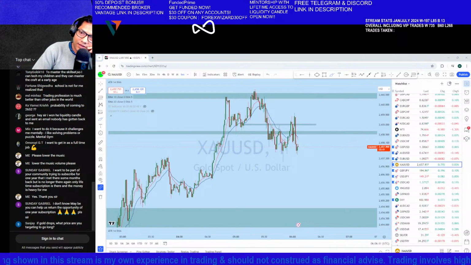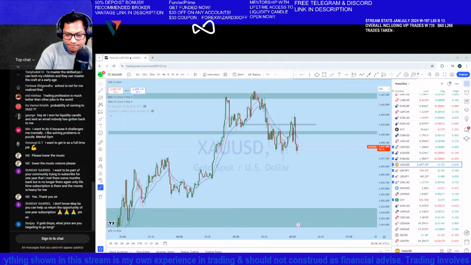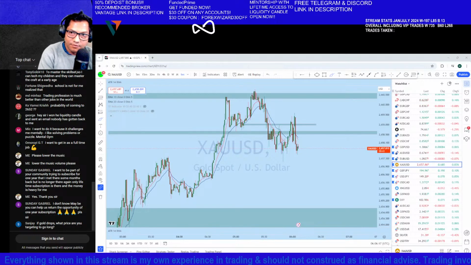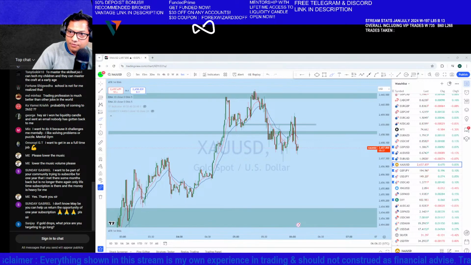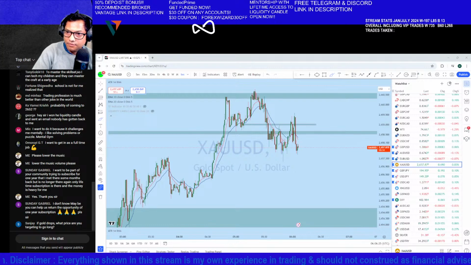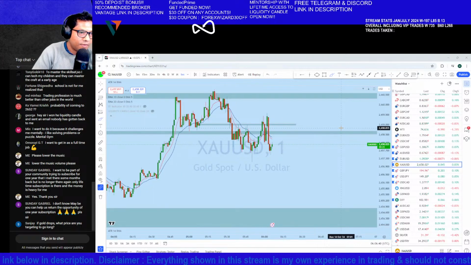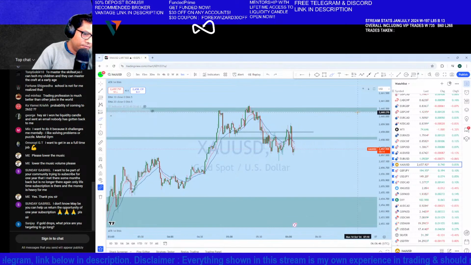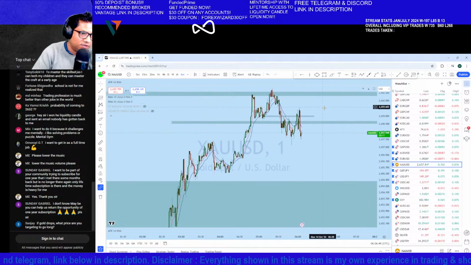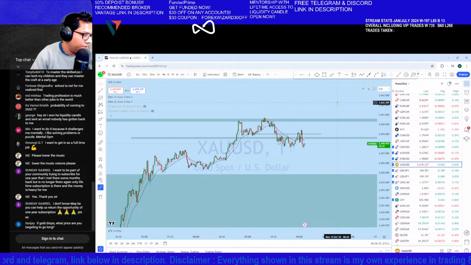Patience is the key. When the market moves sideways, we just need to be patient for the market to give us that potential entry.